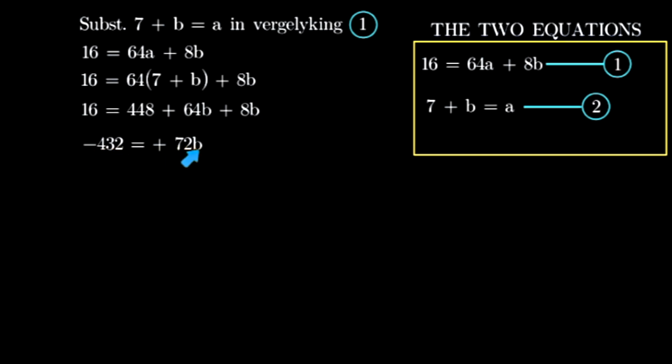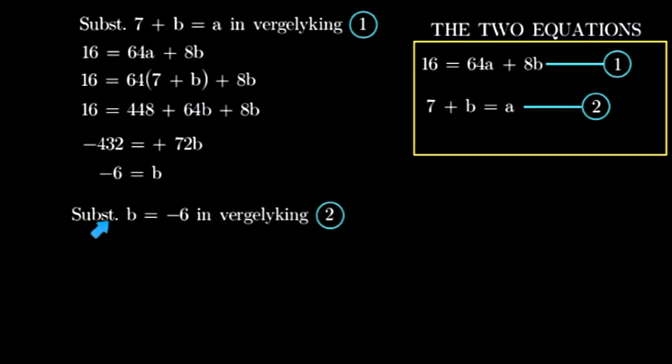If we want to solve for b, we take this constant and divide it by the coefficient. So -432 divided by a positive 72 gives us -6. So b is equal to -6. Excellent. Now we just need to solve for a. I'm going to substitute this b = -6 into either of those two equations we found earlier.